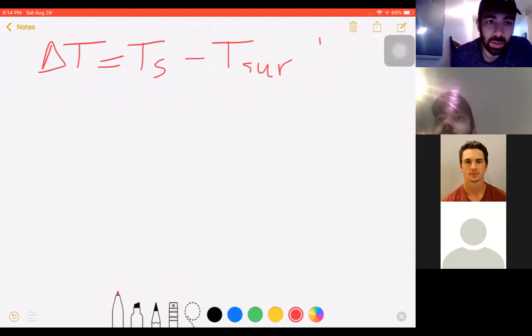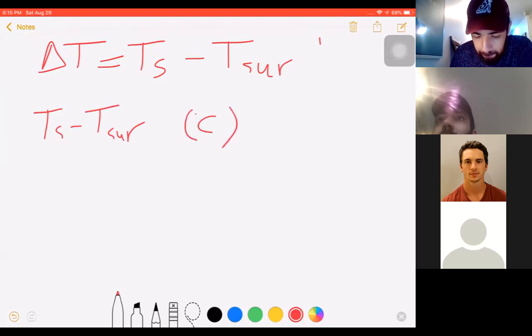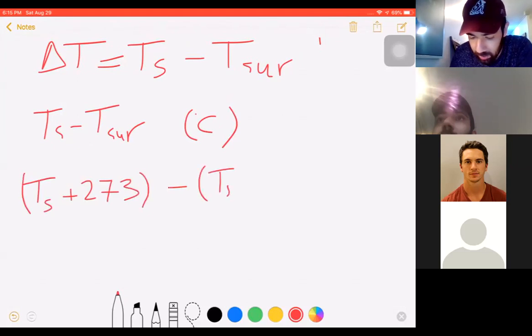When you use Celsius degrees and then convert to Kelvin, we add 273 to Ts and subtract T of surrounding plus 273.